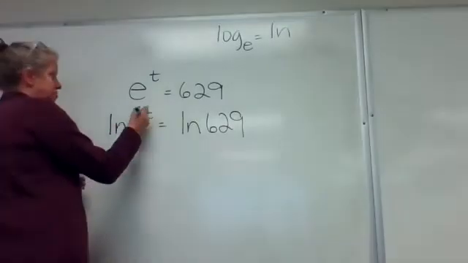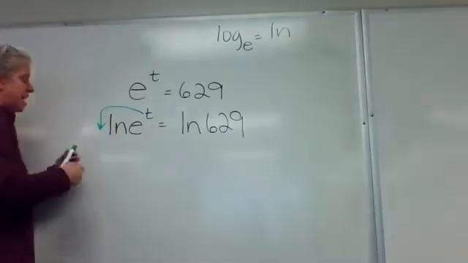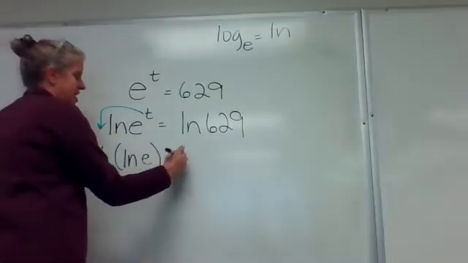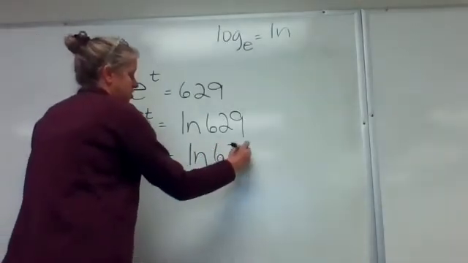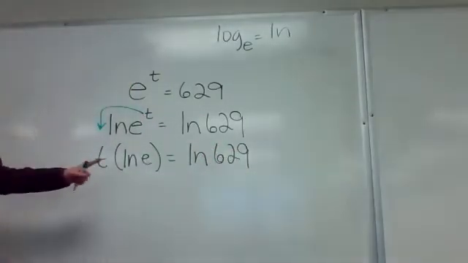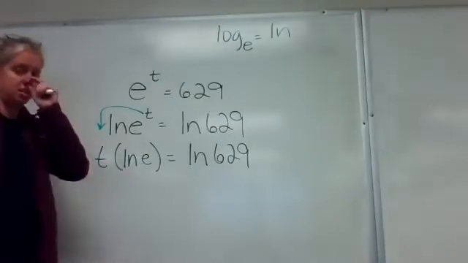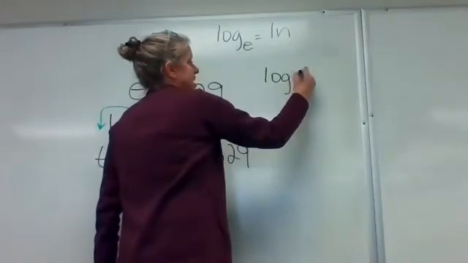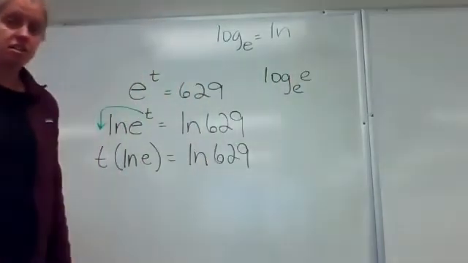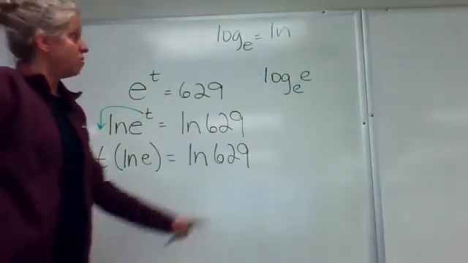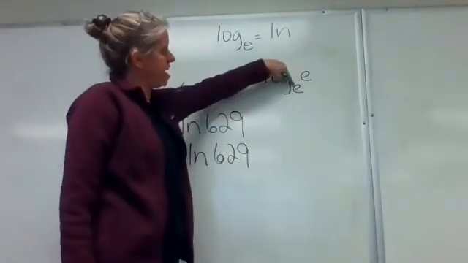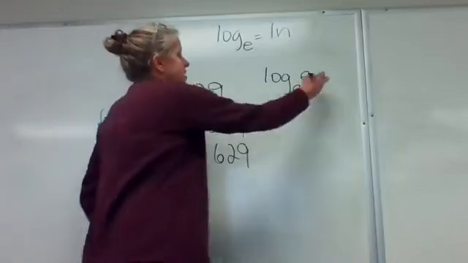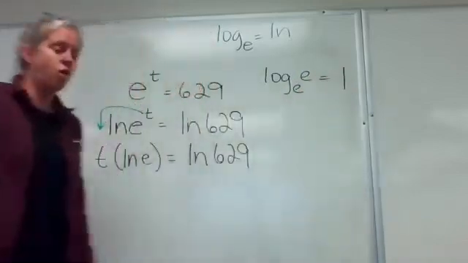So it has the same property. So now my t can come down. So I'm going to have t times ln of E equals ln of 629. Now, remember that ln is log base E. So if I have log base E of E, remember, if the base and what you're taking the log of are the same thing, that is equal to 1.